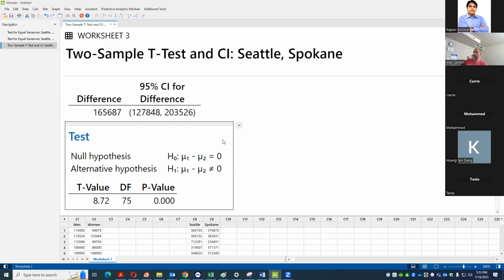We reject that because there is a difference. So the alternative is accepted and the null is rejected because the p-value is less than the alpha value. Is it making sense?